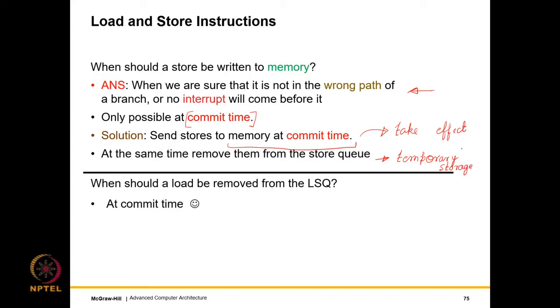And loads were supposed to check this temporary storage first before actually going to the cache, right? So this solves the question about stores, that when we are about to commit stores, we actually send them to the memory system.